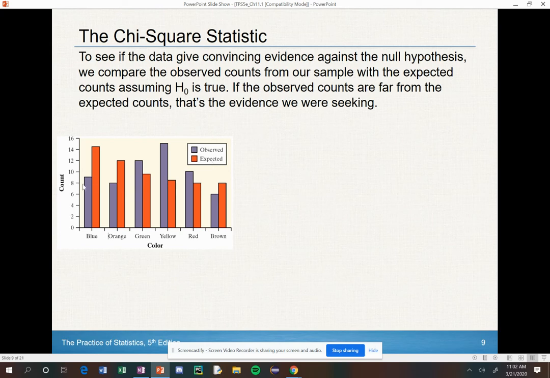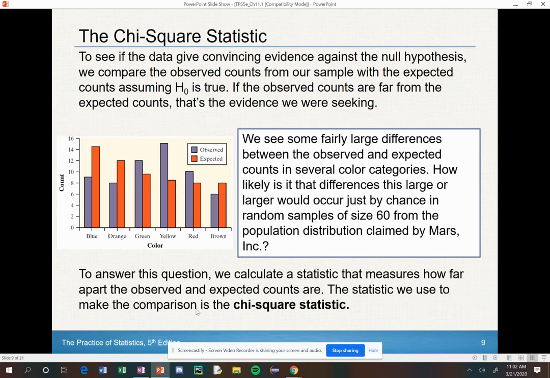Sometimes the red is tied, sometimes the red is lower, and so forth. That's pretty normal. But what we're trying to get after is that some of them have large discrepancies between the two. Some, like this one, are kind of close. If these are far apart, that's going to give us a chi-squared statistic that is quite large.